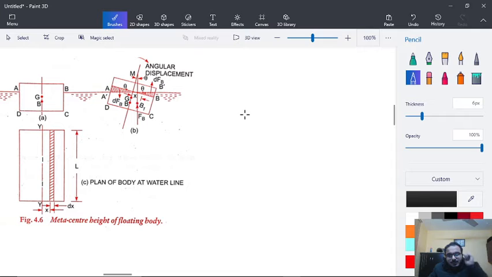So here first we will begin with the area. We have, as I told you, that we are considering this small strip. So first we will calculate the area of the strip, and let's focus first on the small prism here.